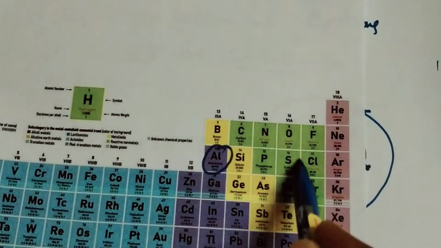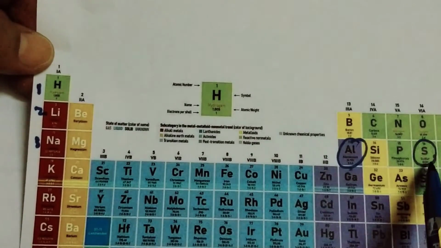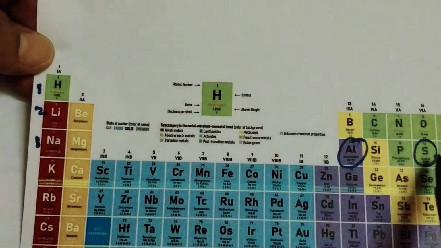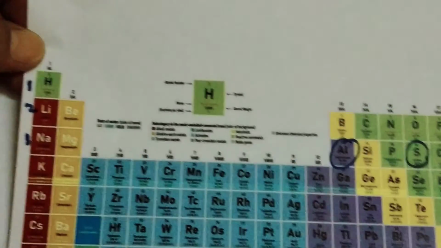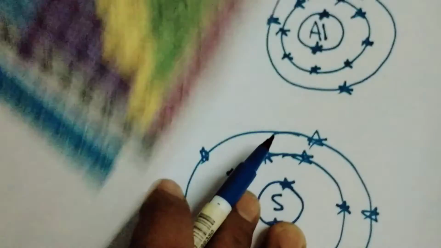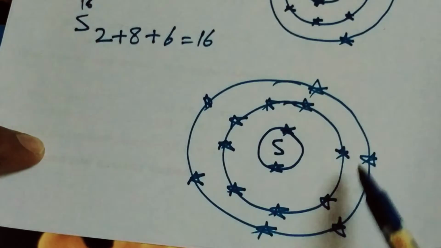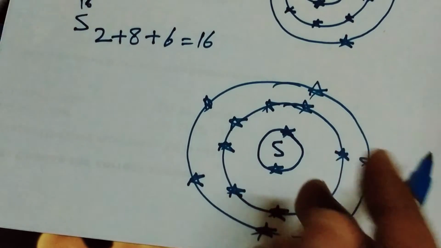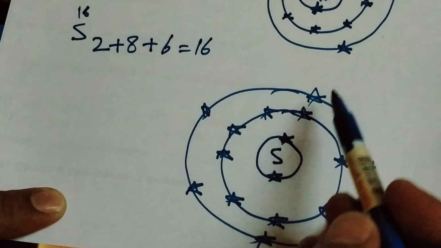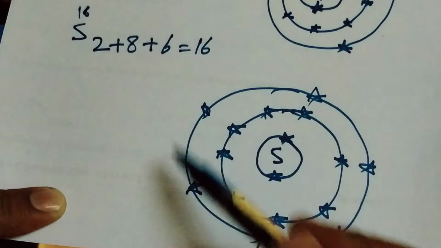Look at sulfur. This is sulfur, my dear. Same period, so it has 3 shells: 1, 2 and 3. About the electrons, how many will the outer shell hold?